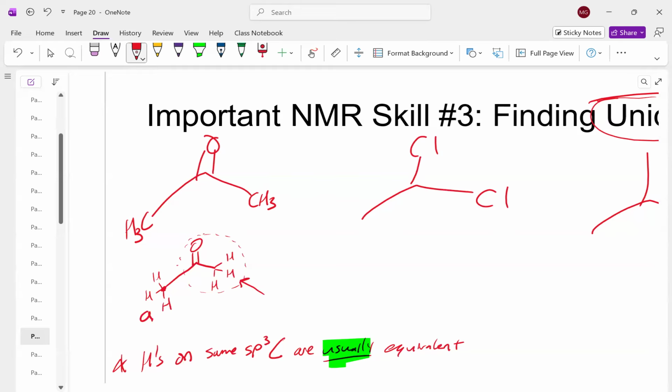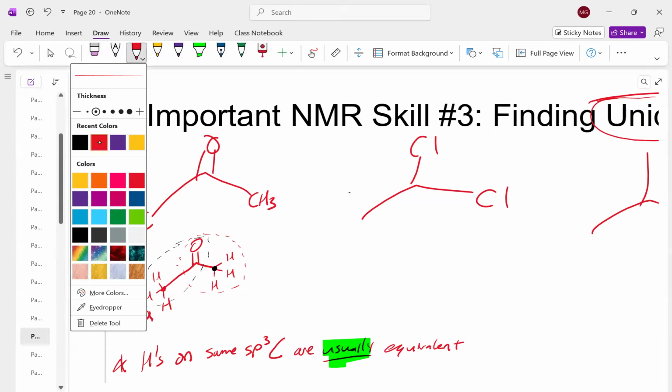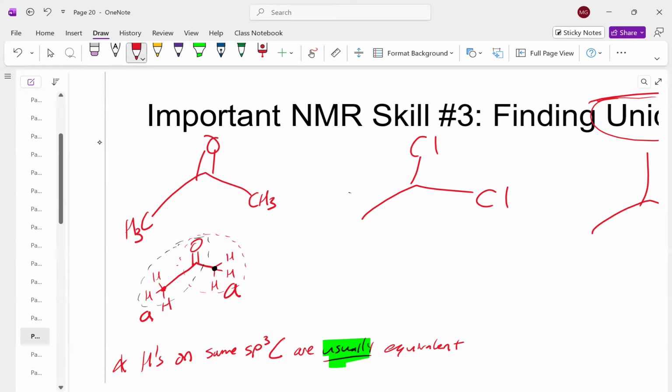Let's see if they're in the same environment. This carbon that they're attached to is next to a carbonyl, and that carbonyl has a CH3 as well. So it's the same exact environment. I'm going to call these three hydrogens A as well. So acetone is only going to show one signal in proton NMR.